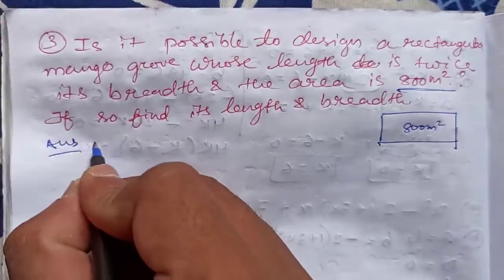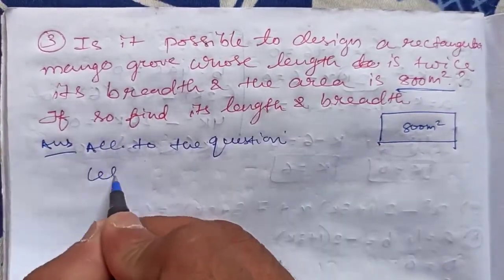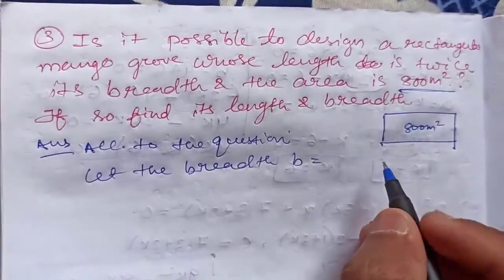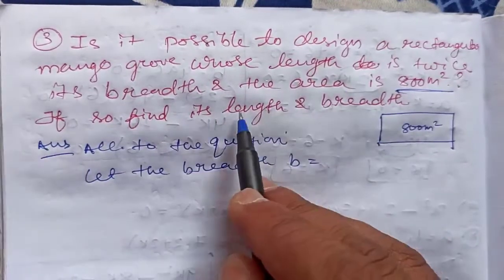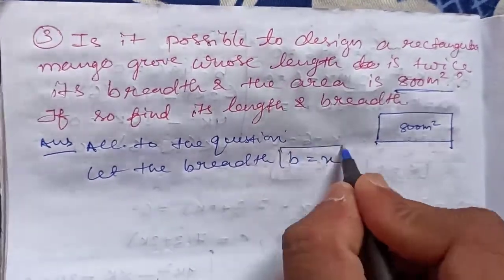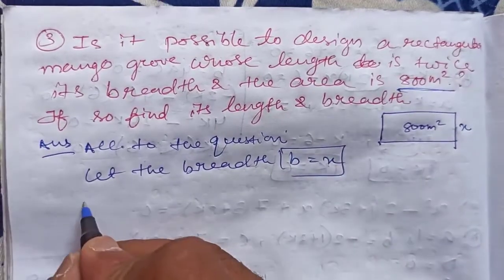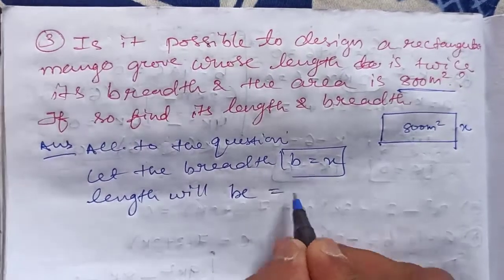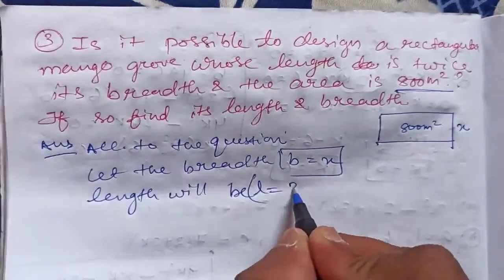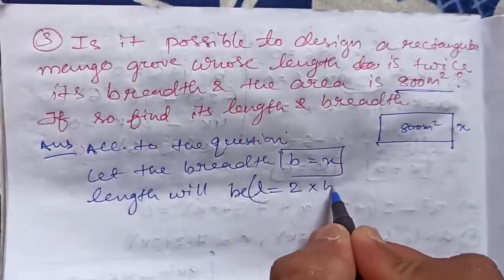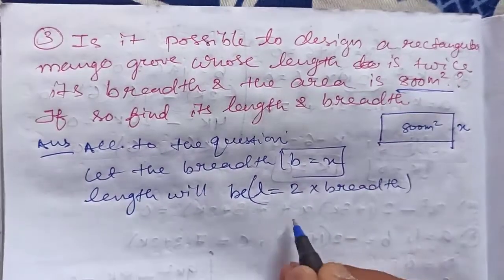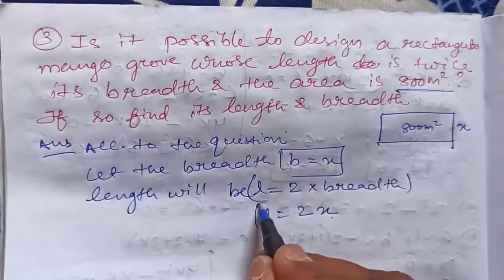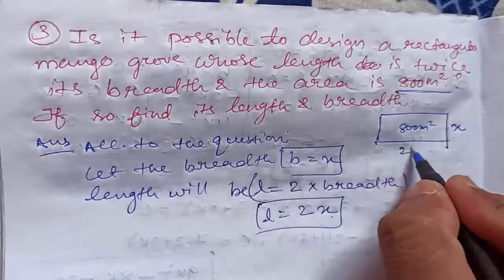According to the question, let the breadth be x, because length is twice its breadth. So length L equals twice the breadth, which is 2x.